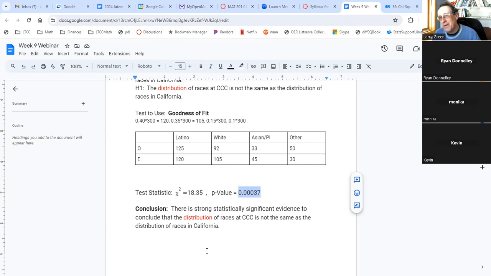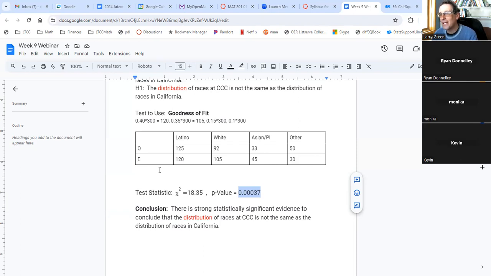And that is which test to use. The bad news for you is that we're going to have 3 different tests for chapter 11. And they all sound somewhat similar. They're different, but they have some similarities, and people confuse one for another. So that's one of the hard parts. I want to let you know that you use a goodness of fit test when you have a population with a known distribution.